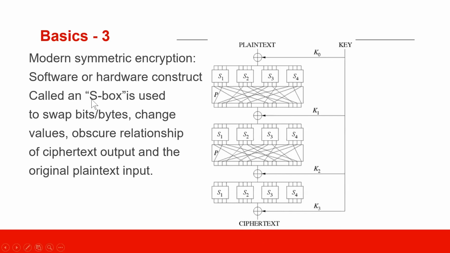If you want to do more research, it's called an S-box. And just as a note, if you go looking at the S-box, you might think, oh, I know how to write software for that. Or if you find software for an S-box, you might think, hey, I can make this work.